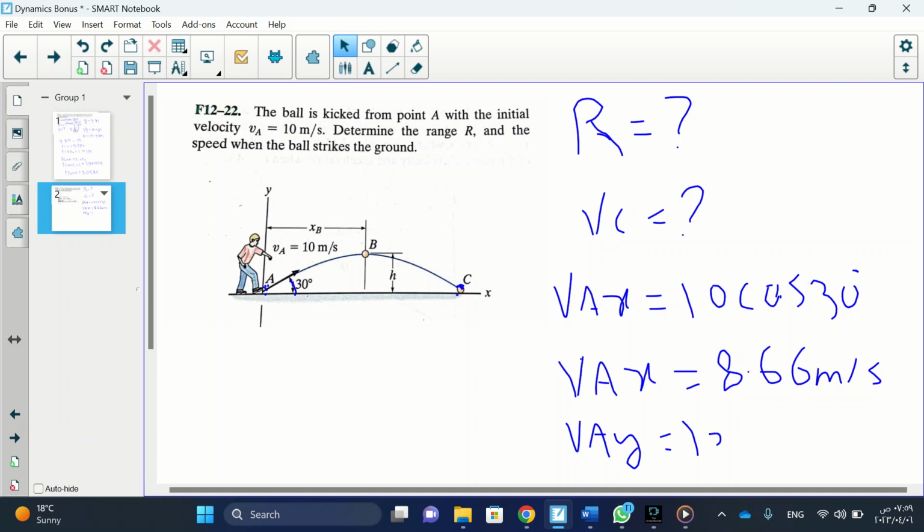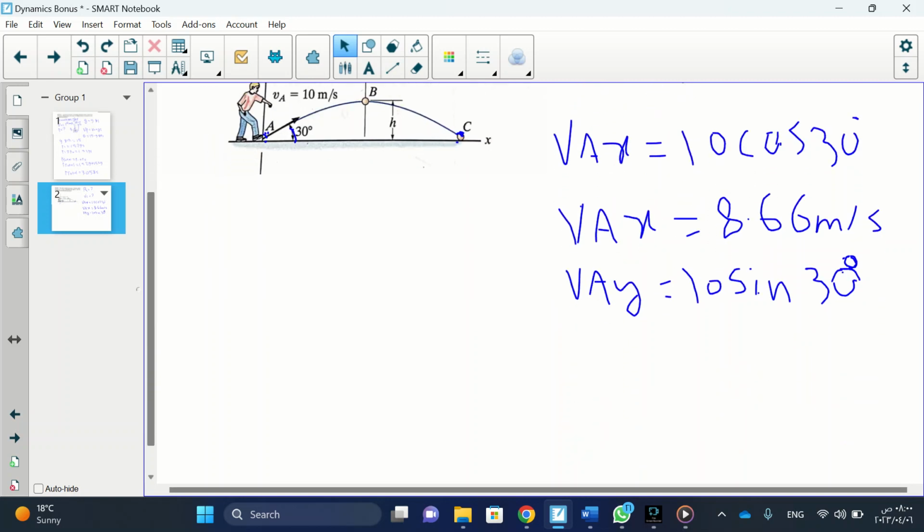And VAY equals 10 sine 30, which will give you VAY equal to 5 meters per second.